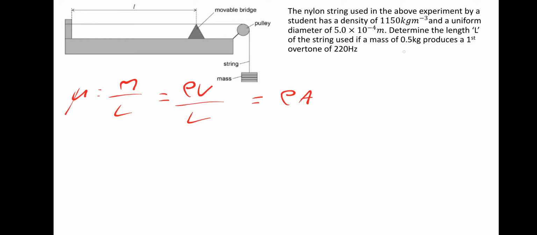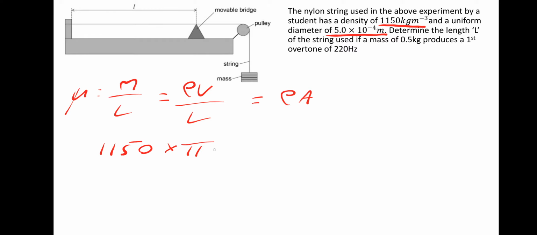So we've got the density and the diameter. So let's look at that. Density times area. So 1,150 kilograms per cubic meter multiplied by the area. So the area would be pi r squared.